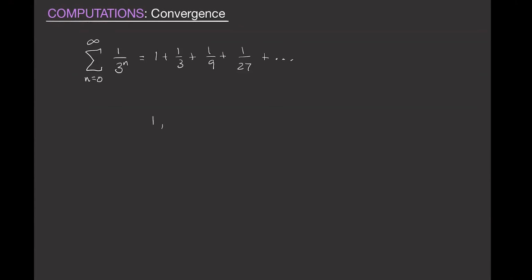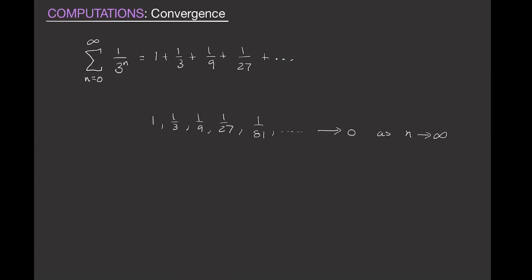We have 1, and then 1/3, and then 1/9, and so on. We can get this to be smaller and smaller if you just look at the terms. So looking at what the terms do as a sequence, this goes to 0 as n increases to infinity.